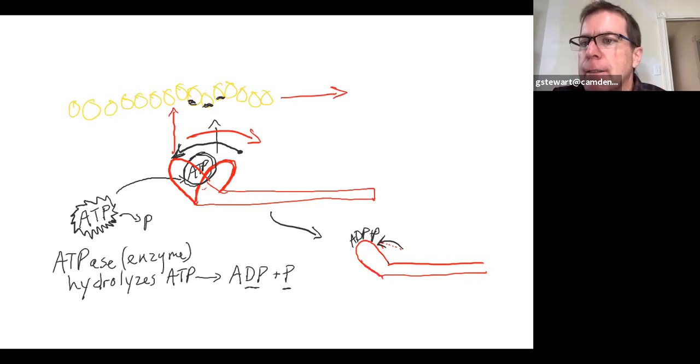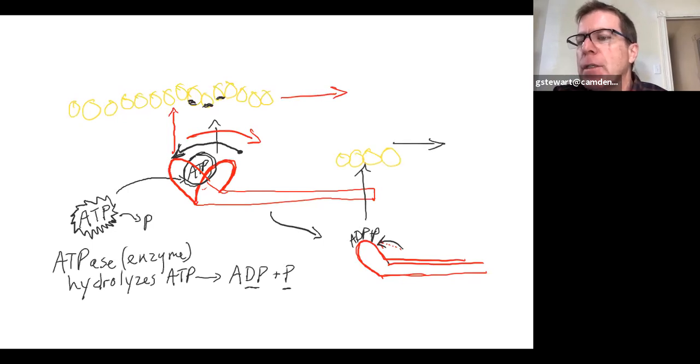This energized myosin head reaches up, attaches to the active site on actin, pulls the actin molecule toward the M line, and we have a situation that looks like this now. It's already been pulled. So we've gone from here to here.